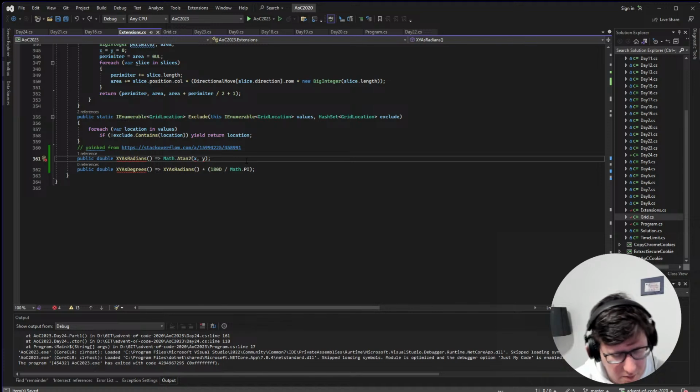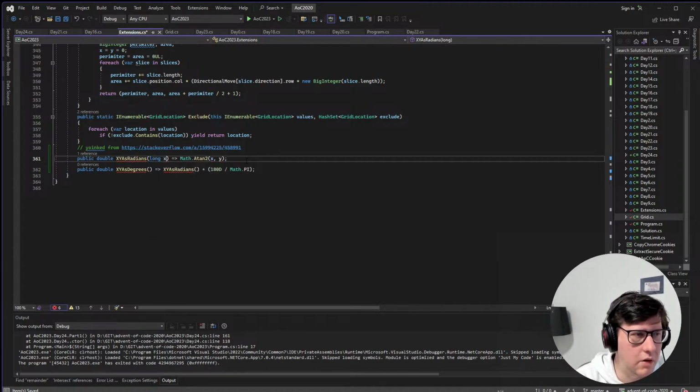What do I want my input type to be here? Let's just do long X, long Y for now.